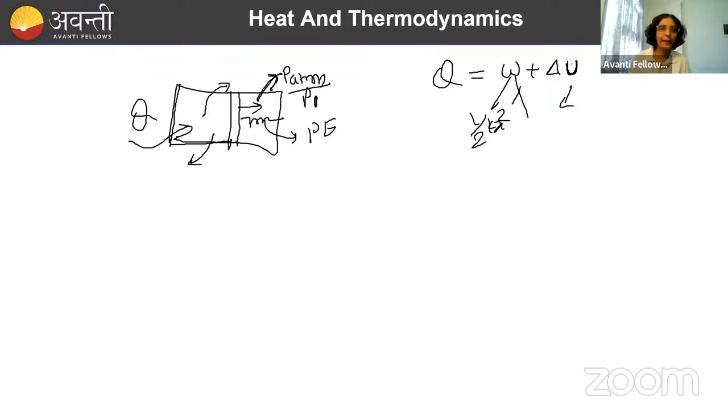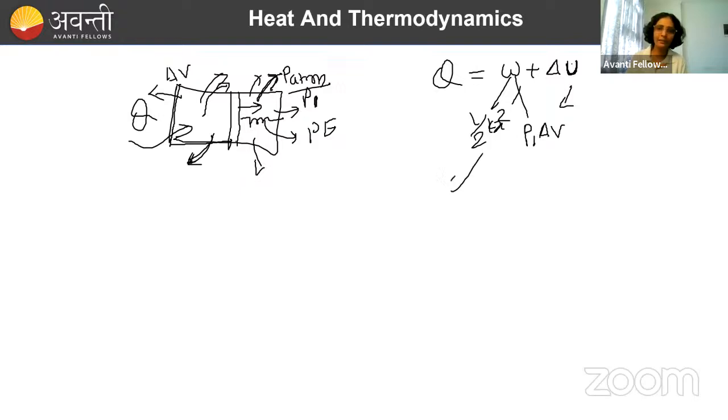So instead of calculating how much work this gas does in expanding, we can calculate how much work it does in compressing the other compartment. The volume by which the first compartment expands is the same volume by which the second is compressed. If the volume changes from V1 to V2, the change delta V is the same for the second compartment. So the work done will be P1 delta V.